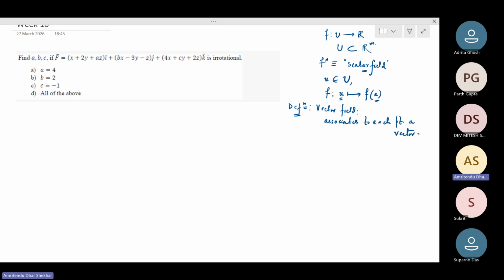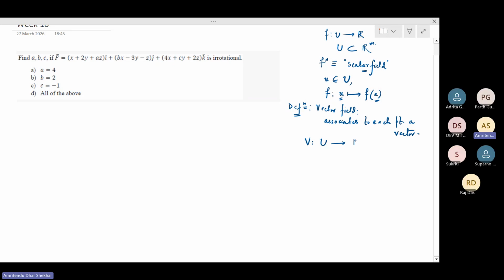air. So you can think of it as a map V from some domain U to essentially vectors. So you can sort of think of it as like R^k. Where, of course, this U is a subset of the space R^k.